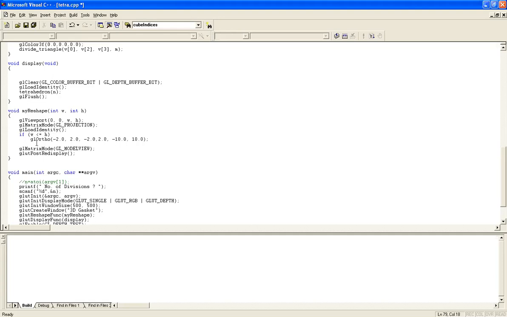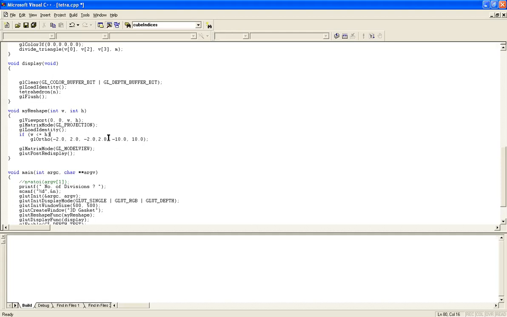And glOrtho, here we are going to set the viewer position. Keep in mind, the viewer may take 4 parameters or 6 parameters depending on your requirements. The first 2 parameters are left and right, then bottom and top, then near and far. The 6 parameters I'm passing in my viewing option are left, right, bottom, top, near, far.